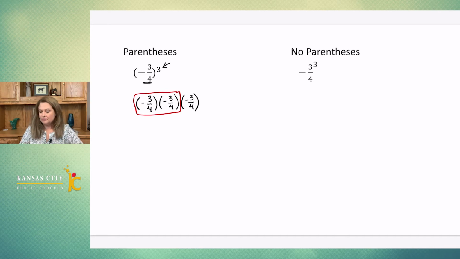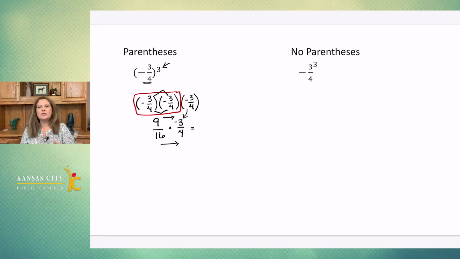When you're multiplying fractions, you need to remember all of those fraction rules, and we're going to work in groups of 2. So we're going to multiply our numerators and our denominators together. Remember, integer rules still apply: negative and negative make a positive. So I'm going to multiply my 3's, that's 9. I'm going to multiply my 4's, that's 16. Now I'm going to bring that extra -3/4 down, multiply it to what I got with the first 2, do the same thing, multiply across, numerator, denominator.